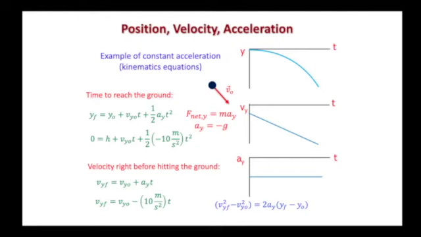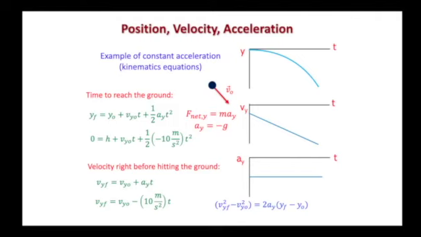And the relationship between this velocity and this acceleration is that the acceleration is the slope, the rate of change of the velocity. So my acceleration is constant and negative, and so my slope of my velocity is constant and negative. Over time, it decreases at a constant rate. So this negative 10 meters per second squared is the rise over run.